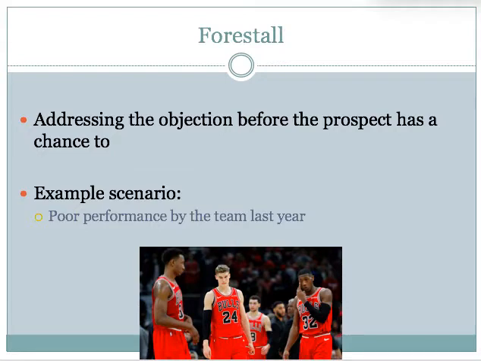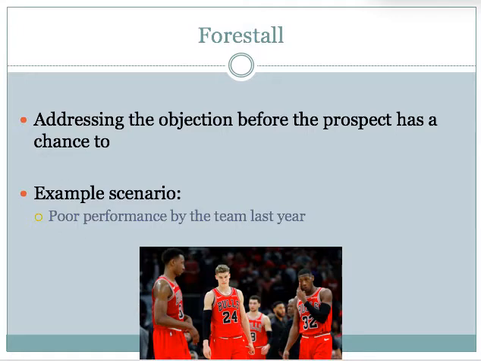All right, this first approach is called the forestall. This allows the sales reps to address an objection before the prospect even has a chance to bring it up. So this is just trying to get ahead of the game, literally. It gives the sales rep an opportunity to predict or gauge what they think might be coming up as an objection, and it also saves the prospect from actually having to object, right?